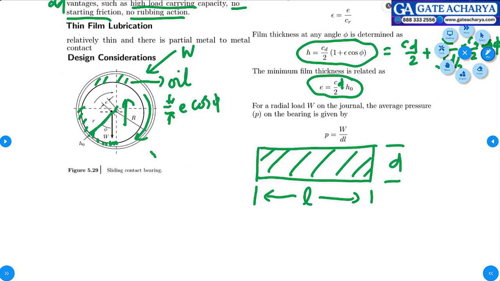You have to imagine, conceptualize. So when I look like this, from this point to this point is D. And the length perpendicular to this board will be L. Like this you have to learn.